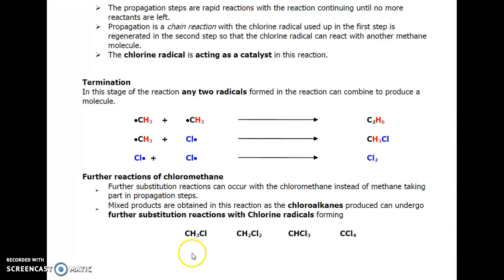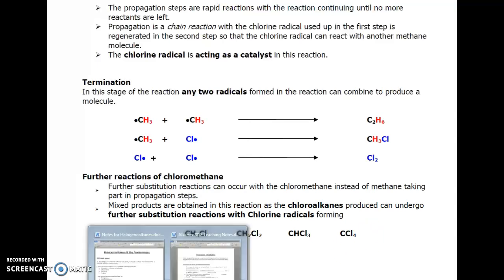So a chlorine radical is more likely to encounter a chloromethane molecule, therefore it takes a hydrogen atom away from chloromethane, goes through the propagation steps again to form dichloromethane. Dichloromethane molecules can also react further to make trichloromethane, also known as chloroform, and even go all the way to tetrachloromethane.